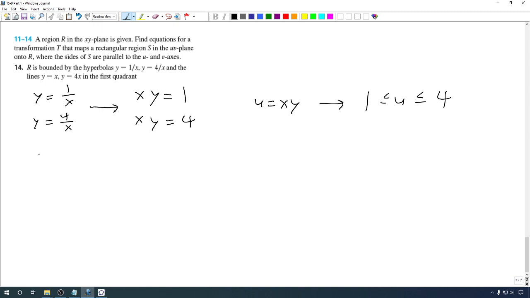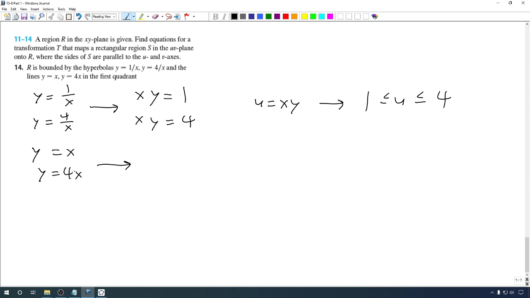Then we take the other 2 boundary curves, so y equals x and y equals 4x, which are both lines this time. We want to somehow turn these into some expression in terms of x and y equaling 2 different constants. But this time it's not quite so simple. Well, it's not too difficult, but you think, well, I have lines, I want to keep things as lines, right?